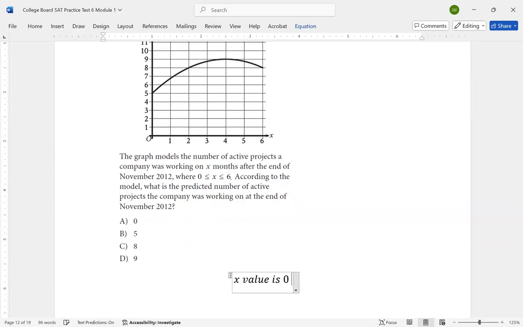So the X value is 0. But that's not how many projects there is. The Y value is the number of projects. So when we look at this graph, it looks like we're going through the point 0, 5.